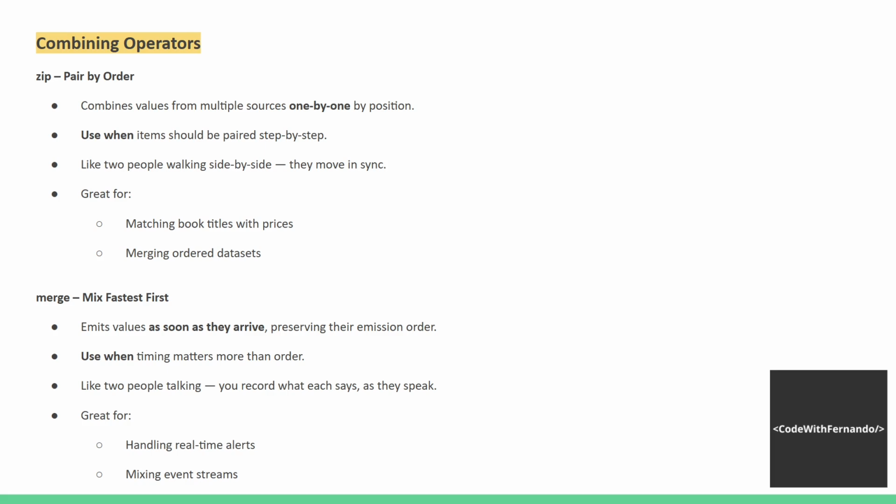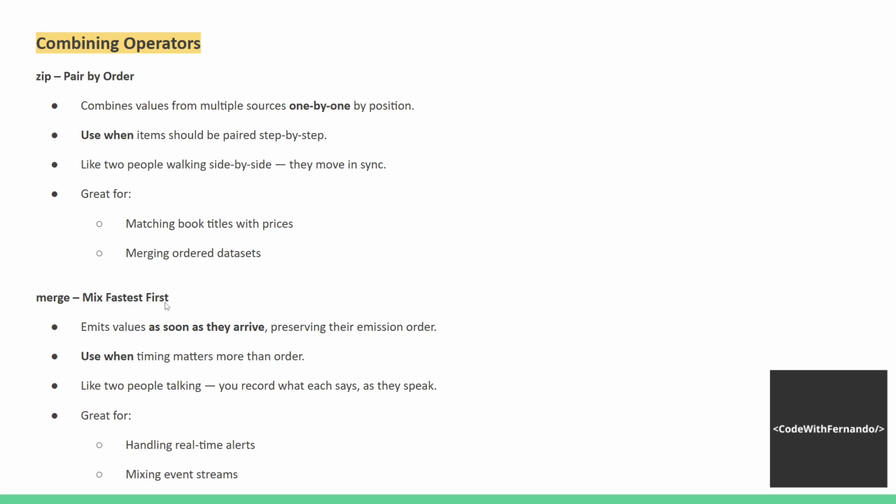Operator zip combines values from multiple sources, one by position. Use it when items should be paired step by step, like two people walking side by side. They move in synchrony. It's great for matching book titles with prices, for example, or merging datasets. Next operator, merge.